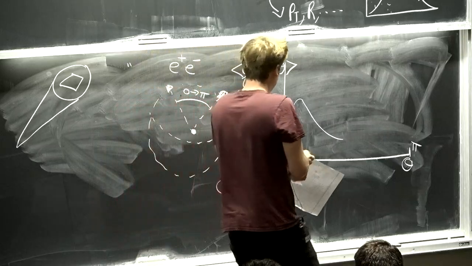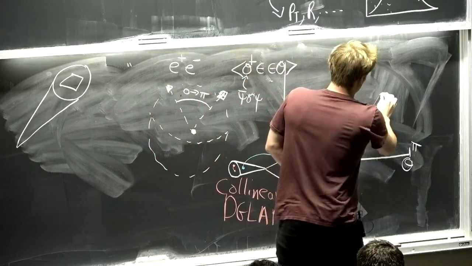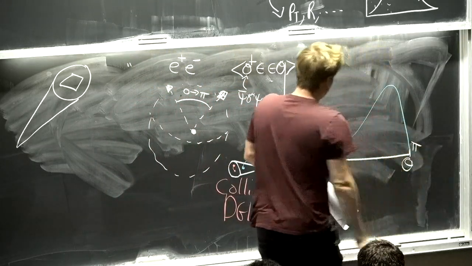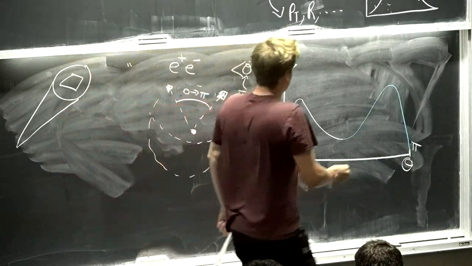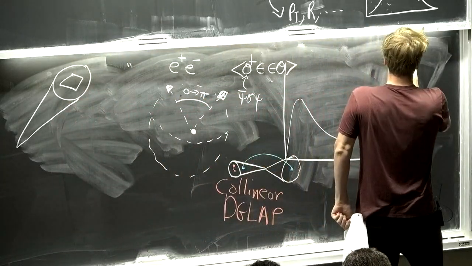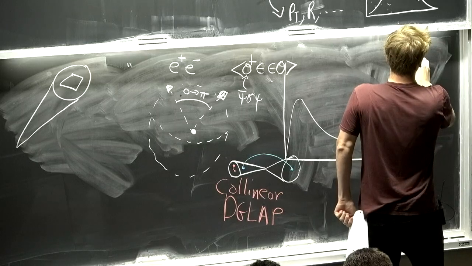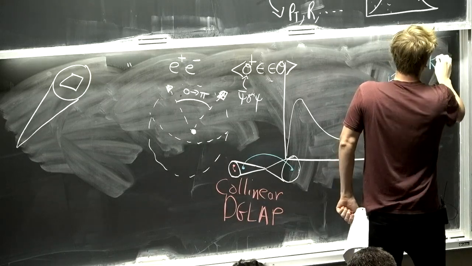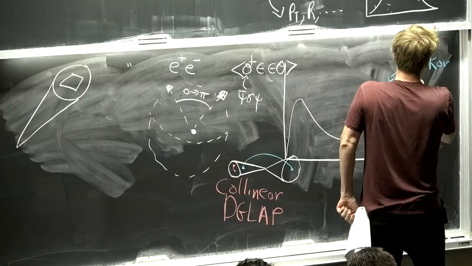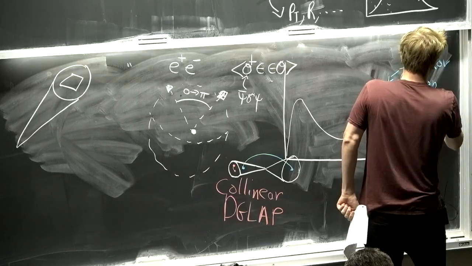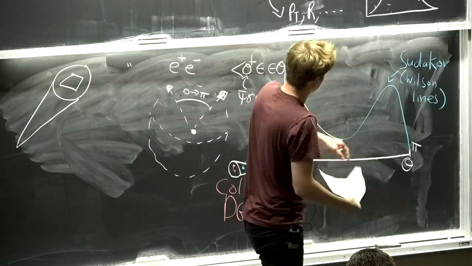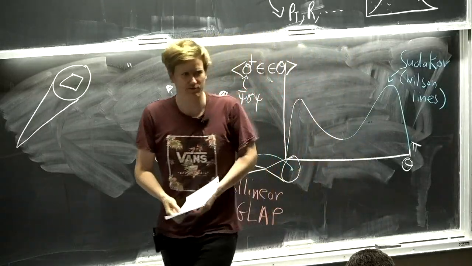So it will look kind of like, for example, like this. And on this side, it's actually coming from quite different physics. And so this will be coming, as we'll hopefully get to. So this is what is called a Sudakov. And as I'll explain later in the lectures, this is coming from the behavior of Wilson lines. So in a gauge theory, this will always go up like this.